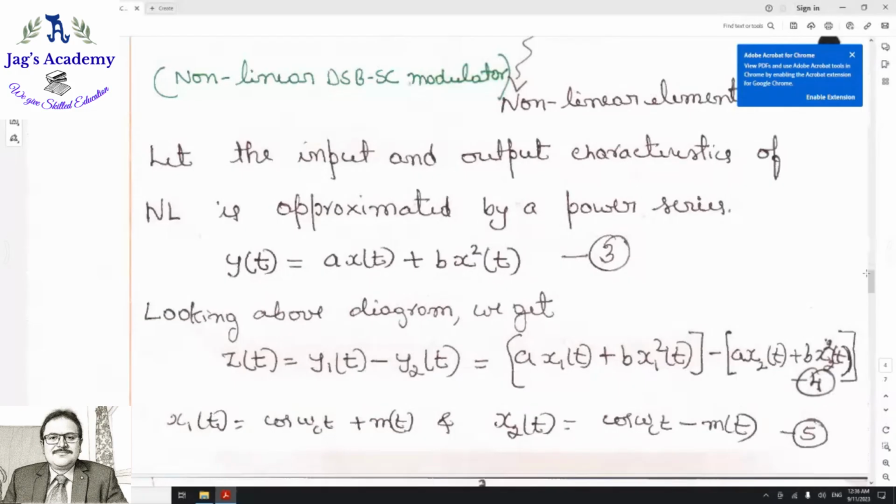Your diodes and transistors are going to follow this input-output relation. Now, what is x of t in our nonlinear device arrangement? It is x1 of t is equal to cos omega c t plus m of t, yes or no? Right? What is x2 of t? Cos omega c t minus m of t, right?